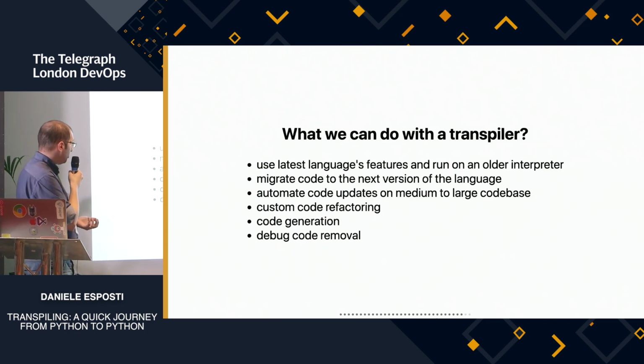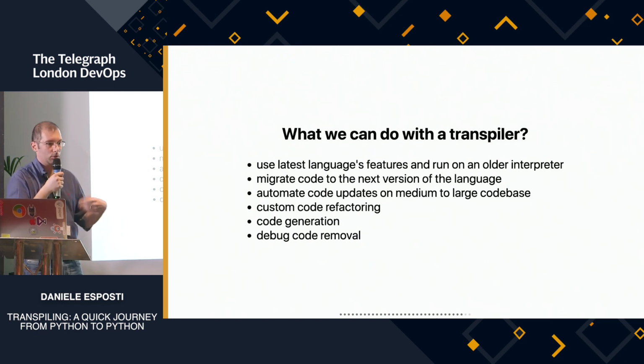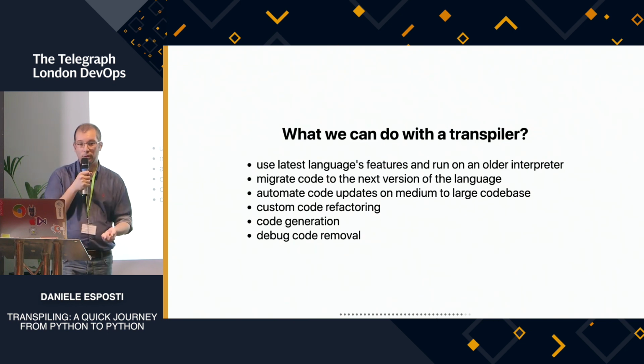You can, for example, convert your Python code into a previous version of Python, because maybe for some reason you don't want to target the old version manually, or stay on the old version. You want to go to a new version and be compatible with the previous one automatically. You can write your transformation to target, for example, 3.6, and you write in 3.7 or 3.8.